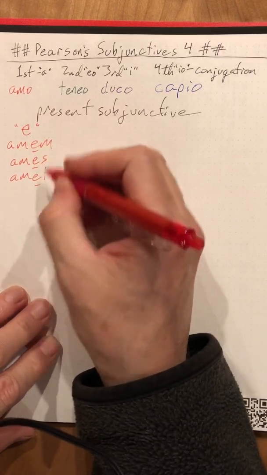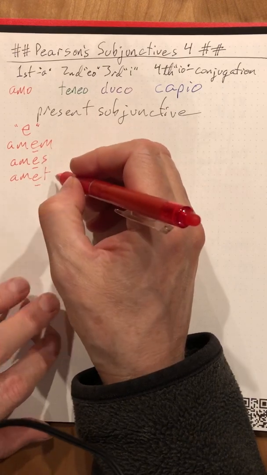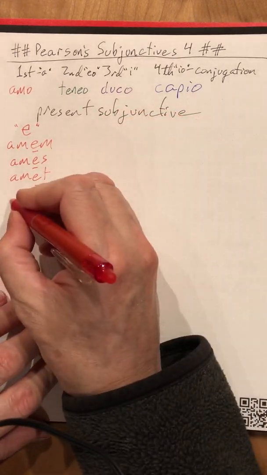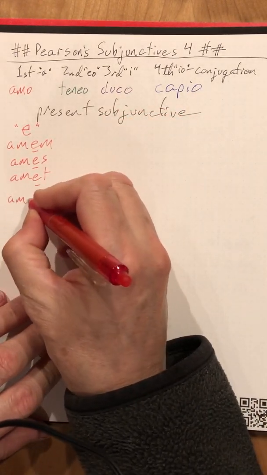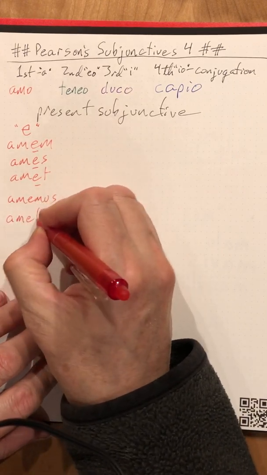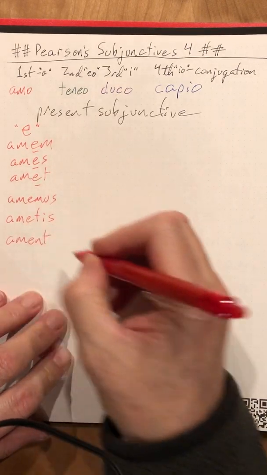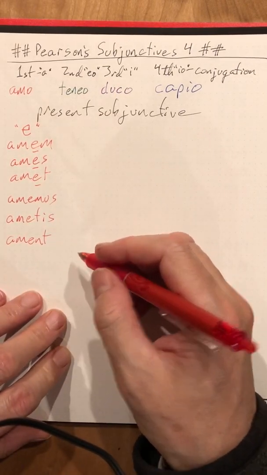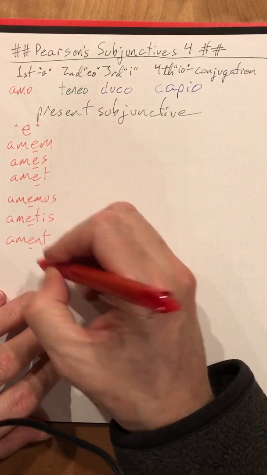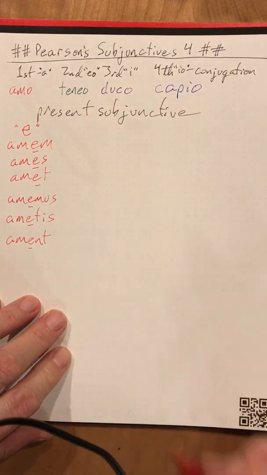That used to be A: amo, amas, amat. It's kind of funky to see that M in there. And then in the plural, amemus, ametis, ament. And there it is, E's all the way down here, where it used to be A's. And an O for the first person singular, amo.